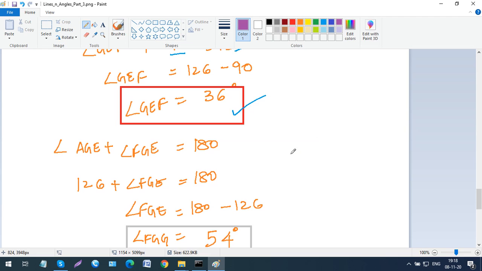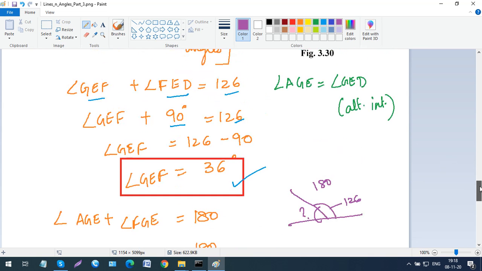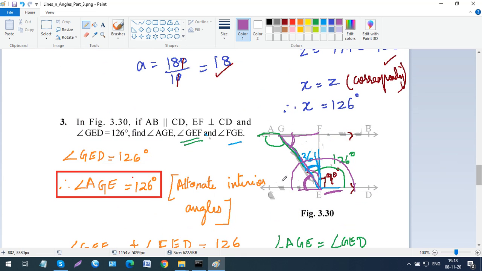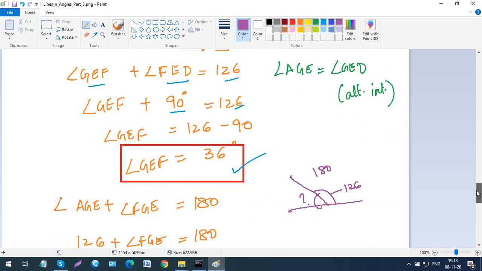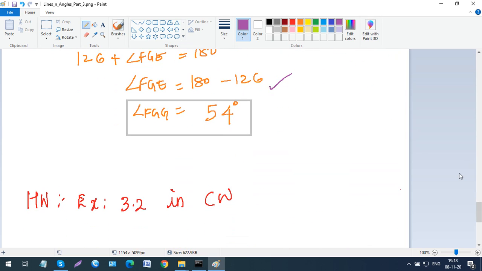So you get something like this. This plus this will be 180. Okay, so this is given as 126, so you have to find what is this. So 180 minus 126 is going to give you 54. Okay, so this is 54. Understood? So this is how you have to just apply logic and whatever rules we have learnt, and we are going to solve and complete this.